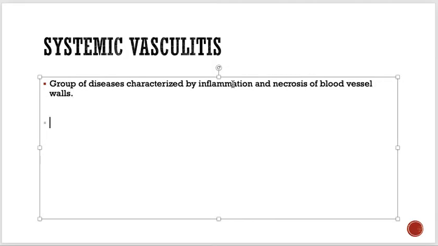Of course, this is clear, these are the conditions in which there is inflammation of the vessels. That's what is called vasculitis.